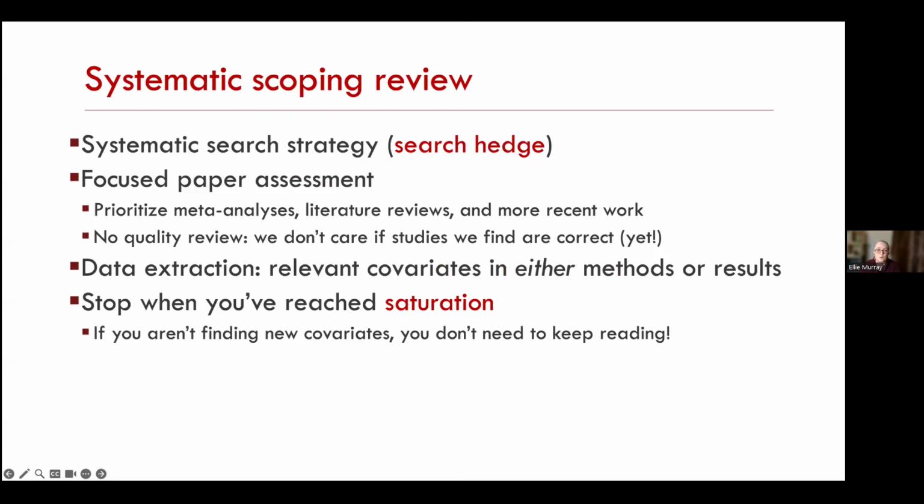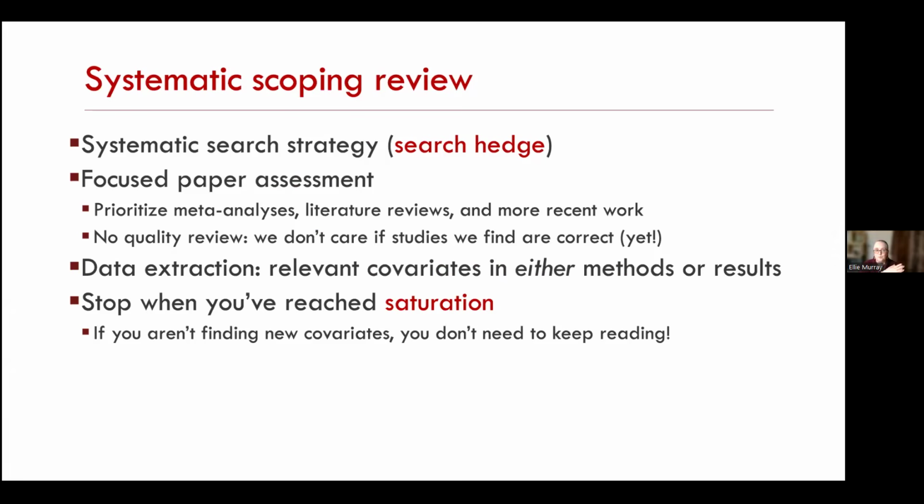Okay, so one of the strategies that we found works best for the first step of identifying all the potentially relevant variables is what we call a systematic scoping review. And so here we're using a systematic search strategy, so building out a search hedge, and then not using a systematic review strategy for the papers.